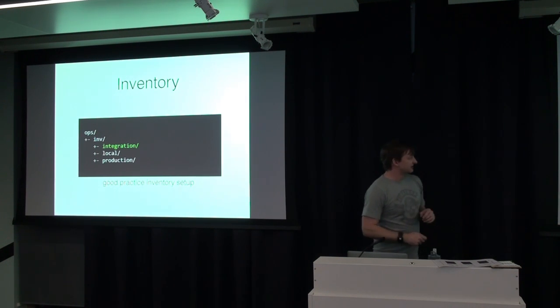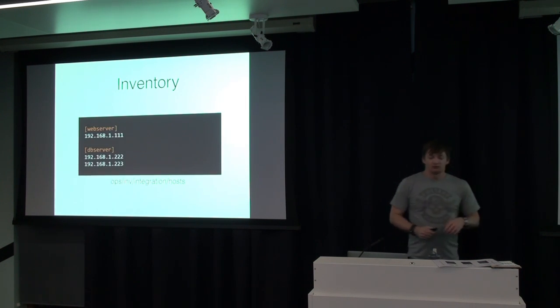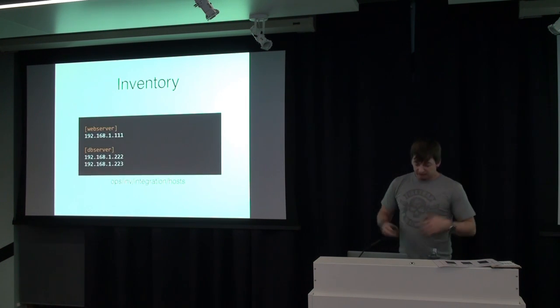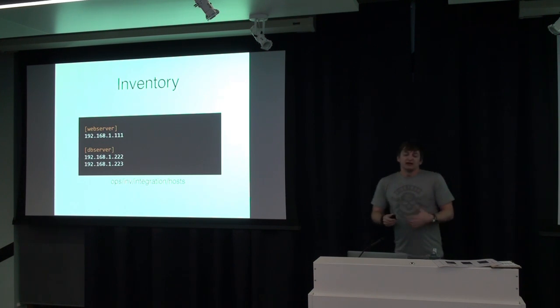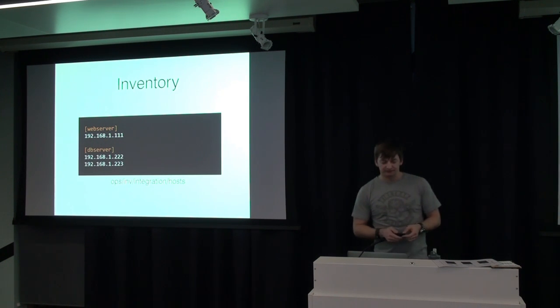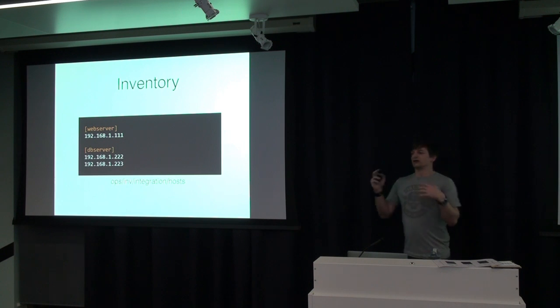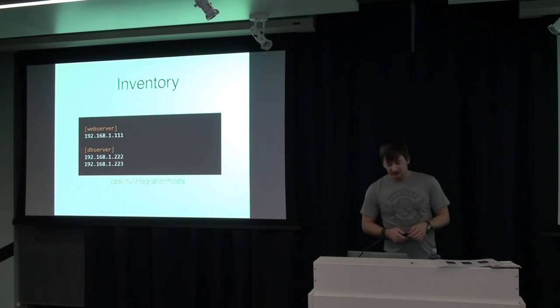So let's have a look at the inventory. So it's this one. What you can see here is, like I said, you're defining the servers you want to handle. You can define group names for them. In this case, there is a web server group and a database server group. And you can create groups of groups, and etc., and get crazy with it.